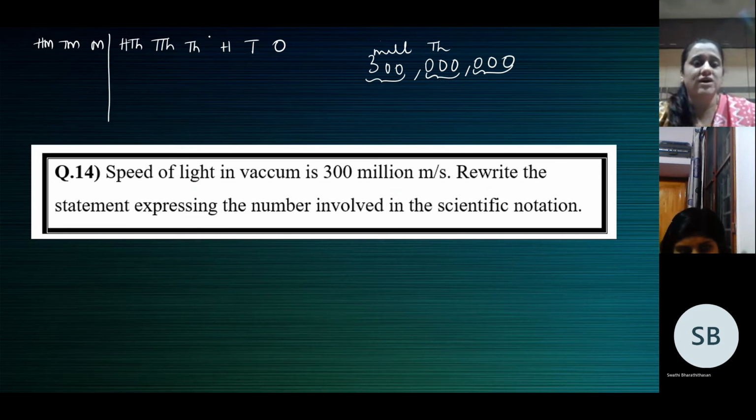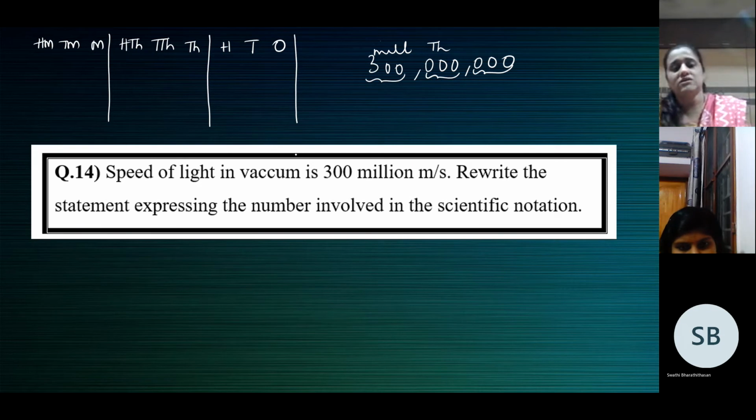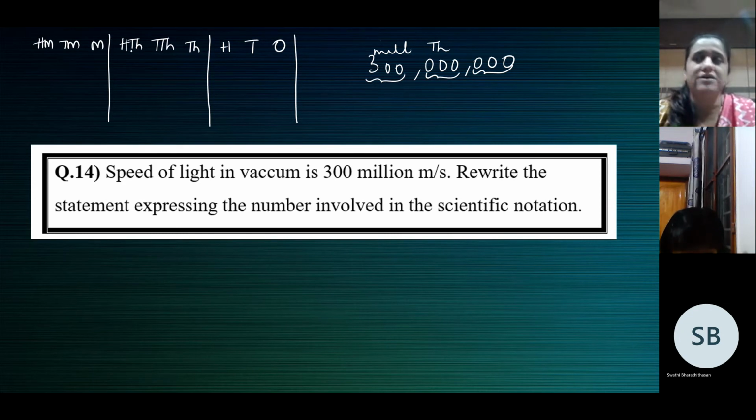The place value chart in the international system.